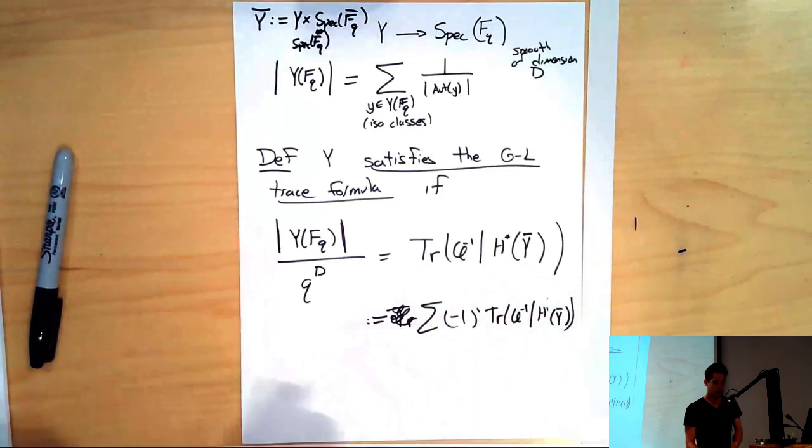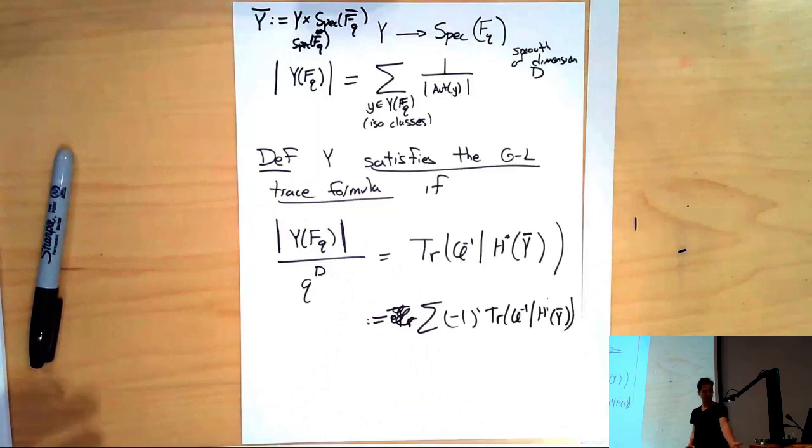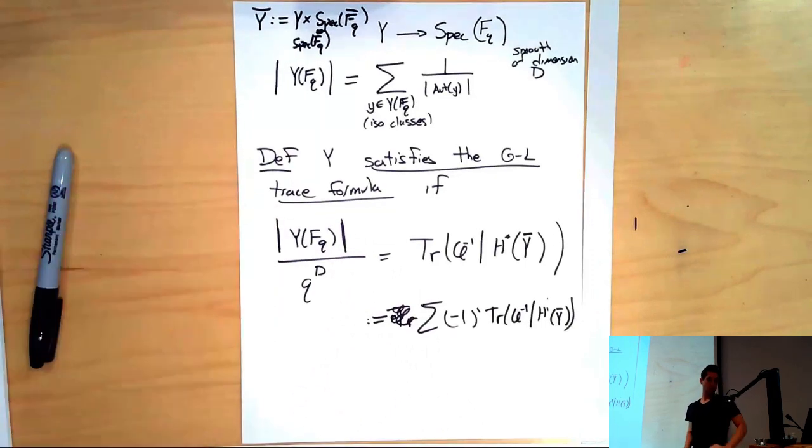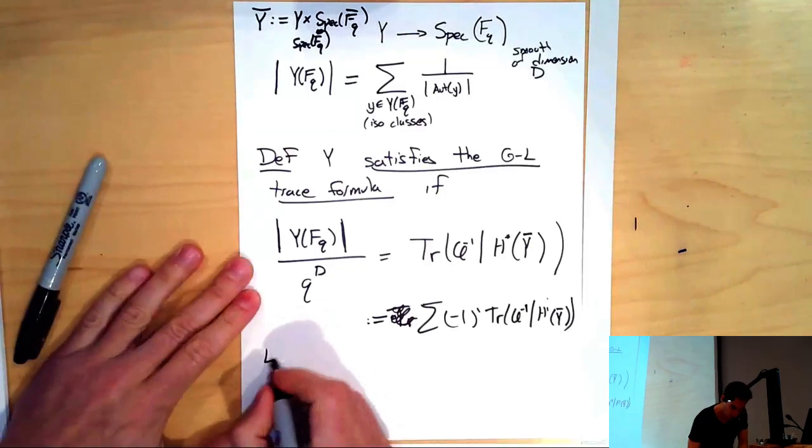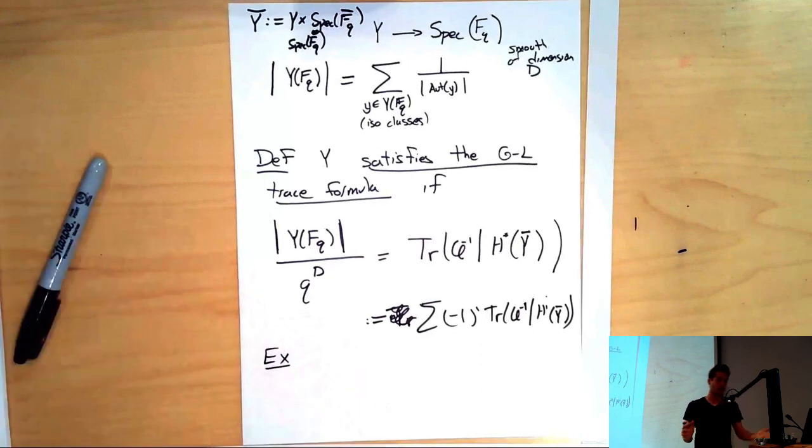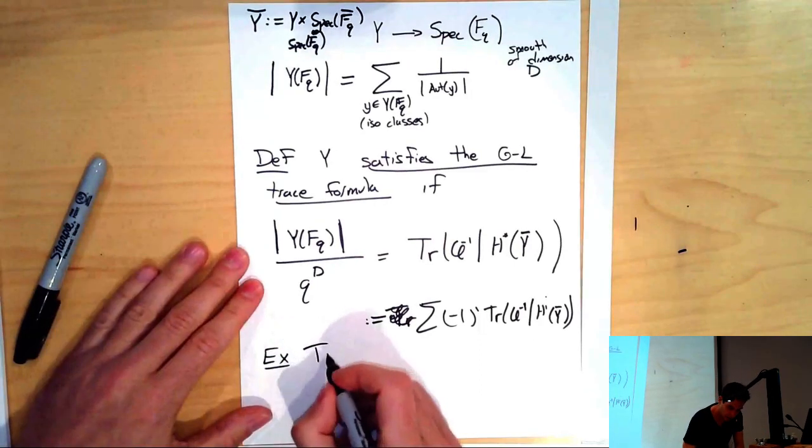If this trace actually gives you the number of FQ points of Y divided by Q to the D, then we'll say Y satisfies the Grothendieck-Lefschetz trace formula. For example, the classical Grothendieck-Lefschetz trace formula tells you that this is true if Y is an algebraic variety.